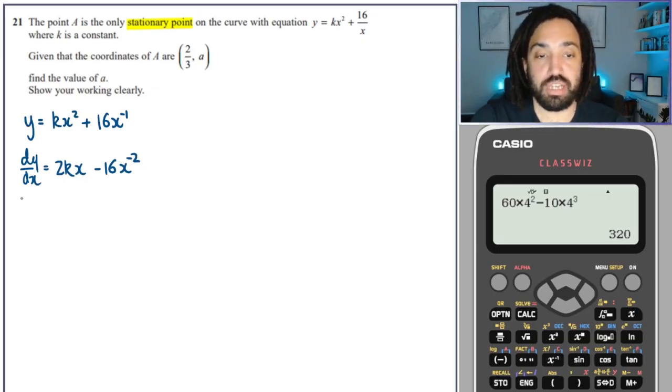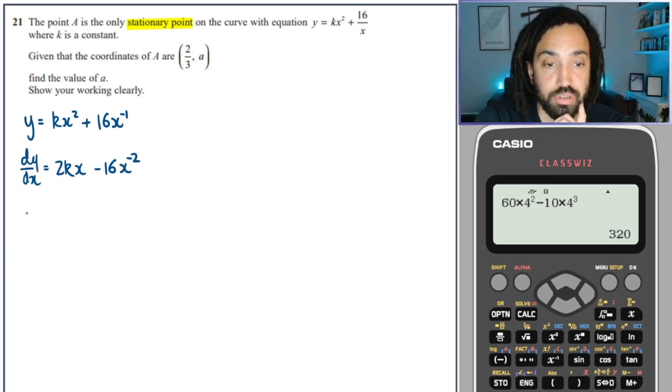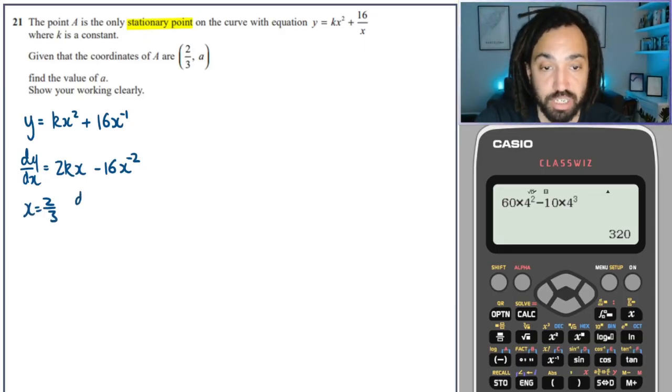Now, as we know that the point where x is equal to 2 over 3 is our stationary point, it means at that point dy by dx is equal to 0.